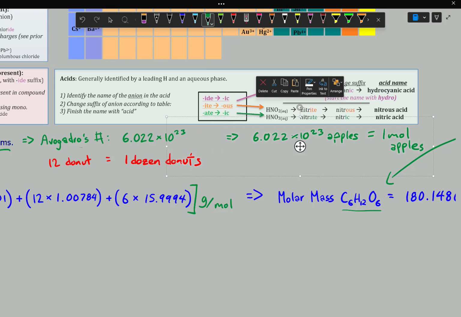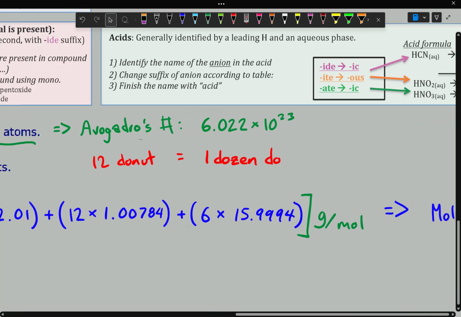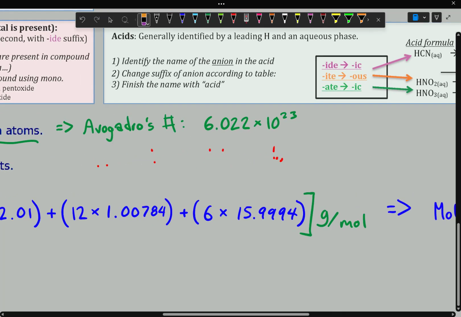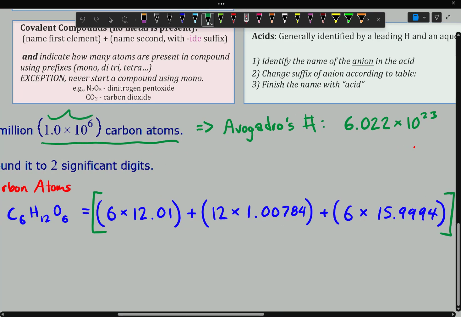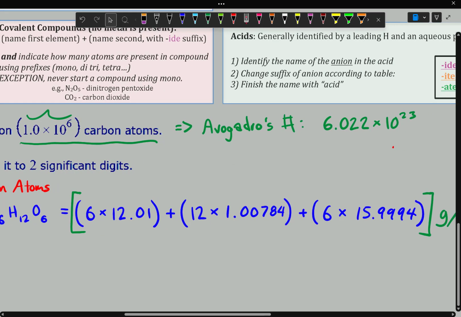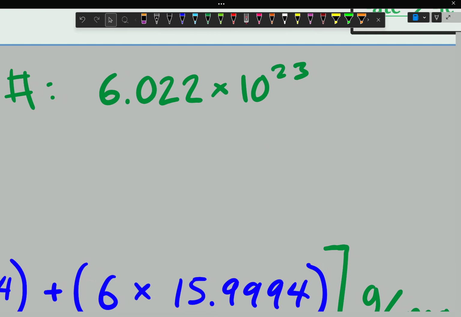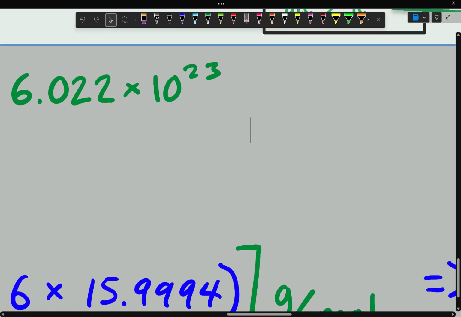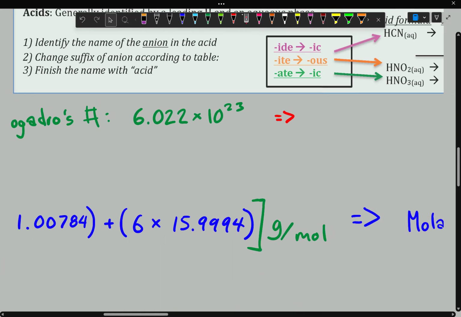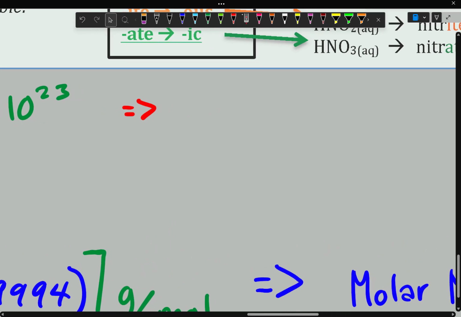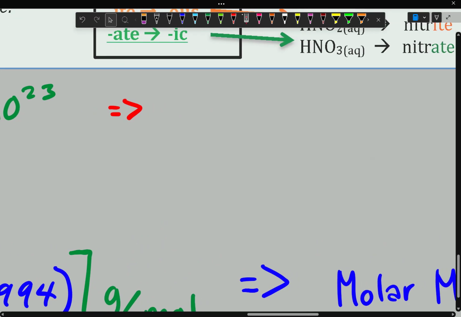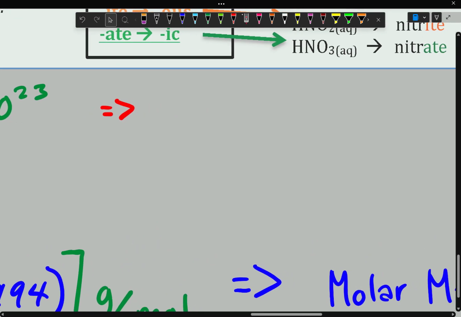So, when we're given that we have 1.0 times 10 to the 6 carbon atoms, we want to find out how many moles there are. So, how do we do that? Well, we set up a fraction. And this is why it's very important to write out your units, because this is good practice for canceling.